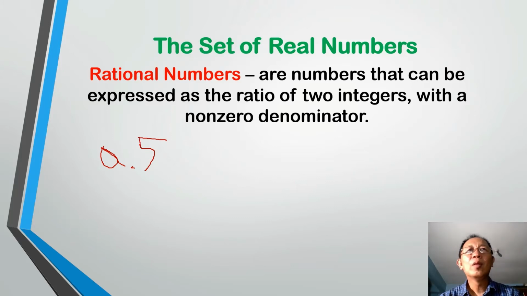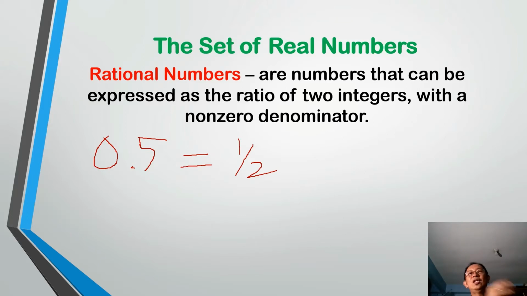We can express 0.5 as a ratio or fraction. How? It can be 1/2. So the ratio is 1:2. So the denominator is not 0. So therefore 5/10 is a rational number.